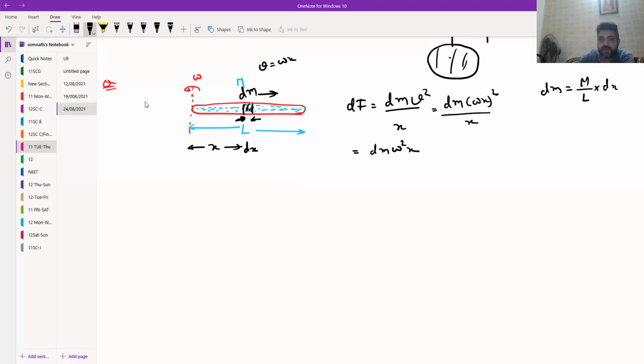So if we put this value, we have mass per unit length into dx, omega square x, that is m omega square by L, x dx. Yes or no? Yes, sir.